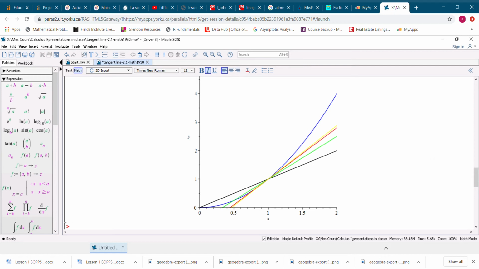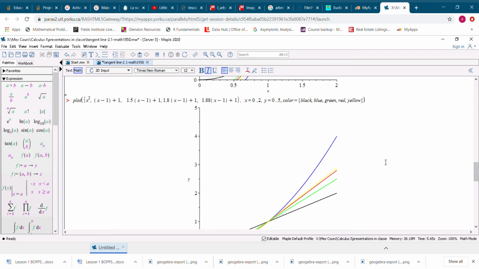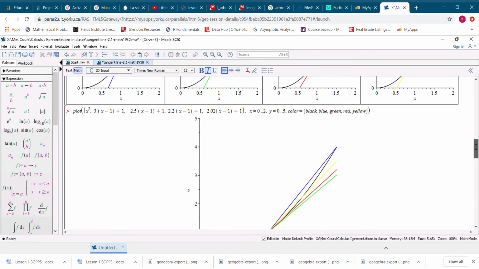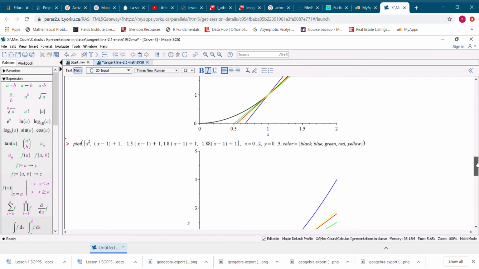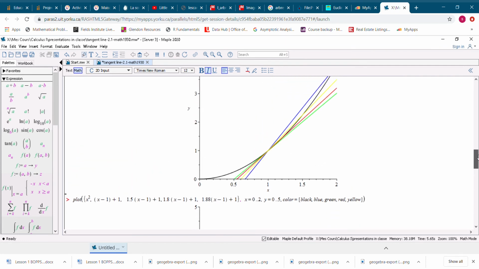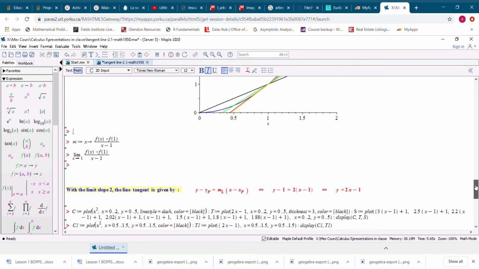I think I am changing just the interval, keeping it the same, and now just the lines. There were 8 in total.